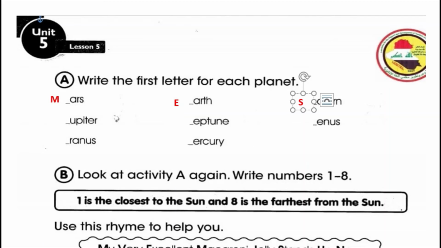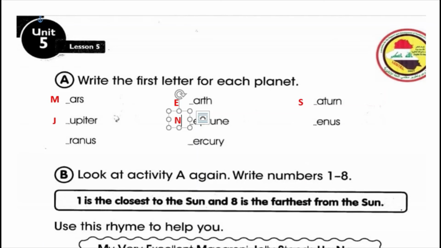Saturn means Saturn. The fourth planet we have Jupiter. Then the fifth planet we have what? Neptune. It's very close in meaning. So I put the letter N.